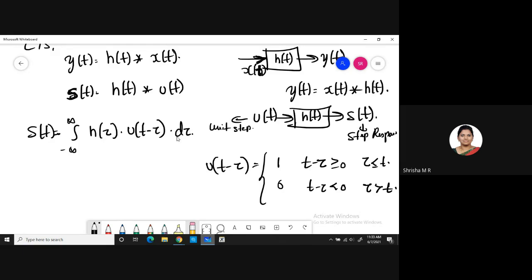From where to where will it exist? U of tau is unit step, which is equal to u of t. Here your x-axis is tau. It's existing from 0 till infinity with an amplitude 1. What about u of t minus tau?